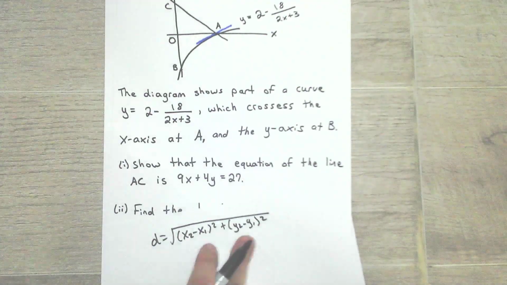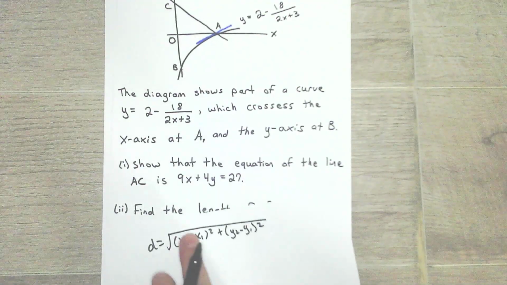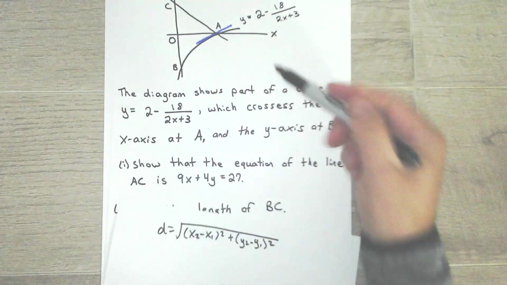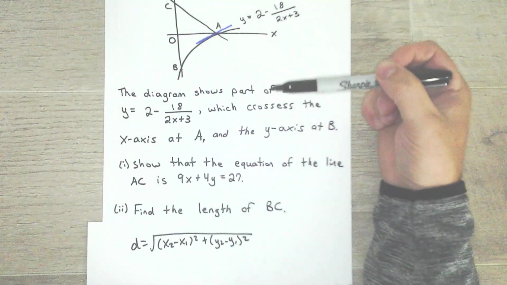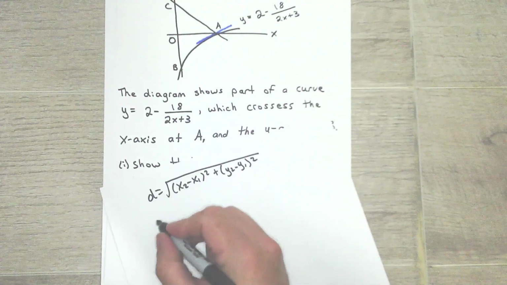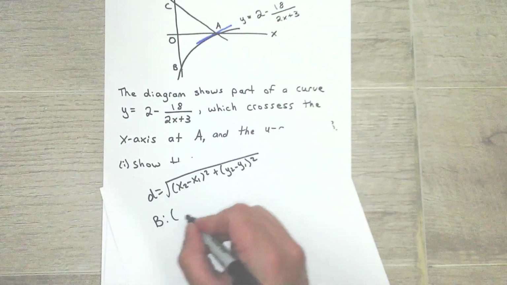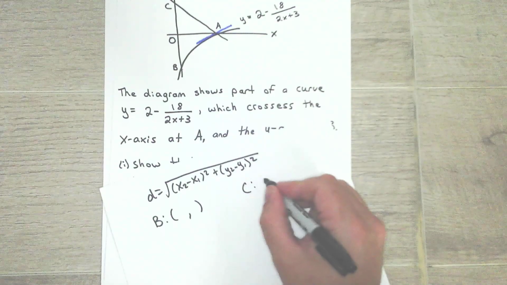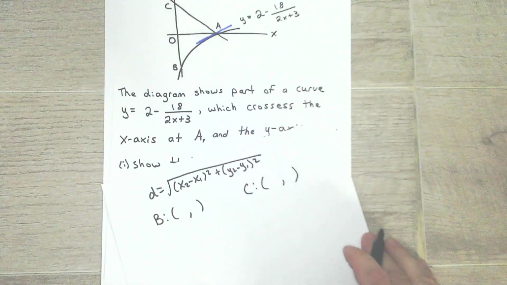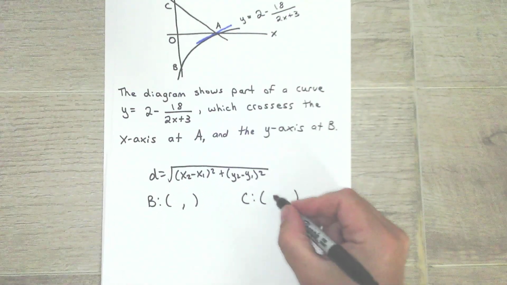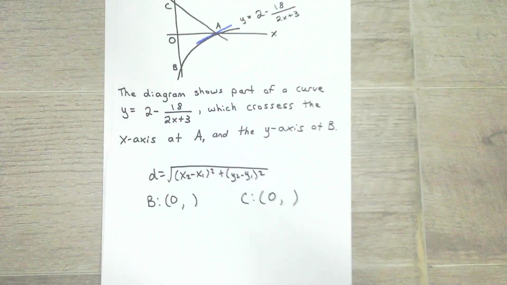In order to find the distance or the length, you have to know both points. So what do we know about both B and C? Well, if they're both on the y-axis, that means both of them have an x value of 0.